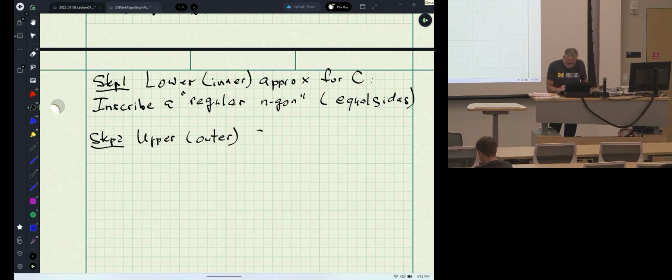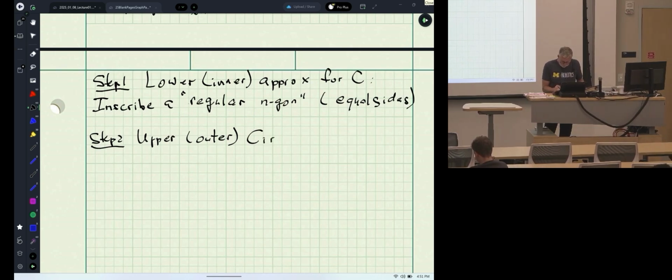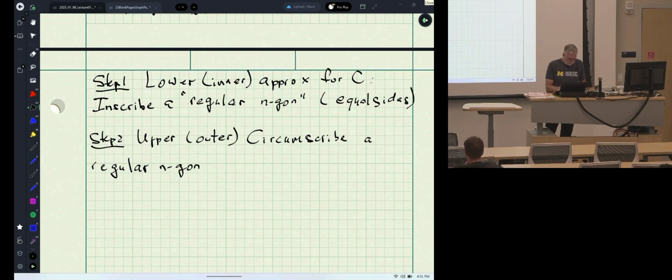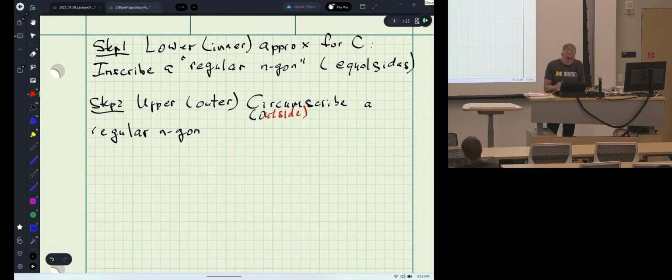So the next thing we do is we circumscribe a regular n-gon. And circumscribe means outside. Okay.